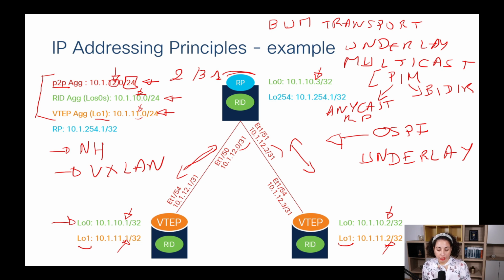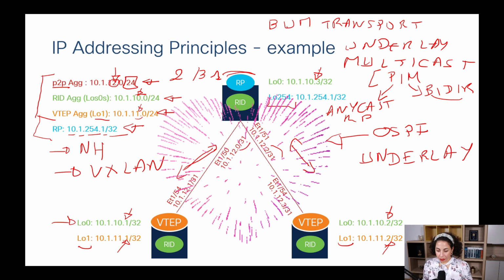So even if we decided to go for bidir, we would have needed a loopback address to represent the rendezvous point. So to come back to our addressing plan, we would need the rendezvous point IP address, and I will use 10.1.254.1/32. When it comes to the numbering of the loopback, it would be loopback 254. This will be configured only on the spine, and all the devices of the fabric need to point to this IP address for the rendezvous point.